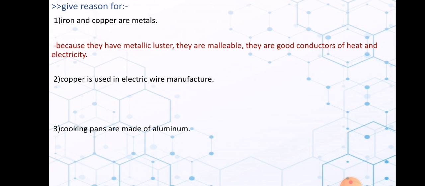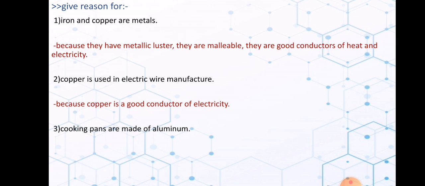Second question says, copper is used in electric wire manufacturing. Why do we use copper in manufacturing electric wire? We use copper in manufacturing electric wire because copper is a good conductor of electricity.